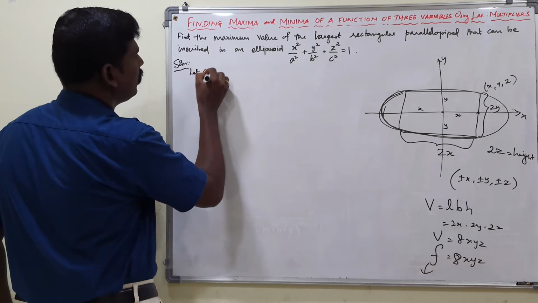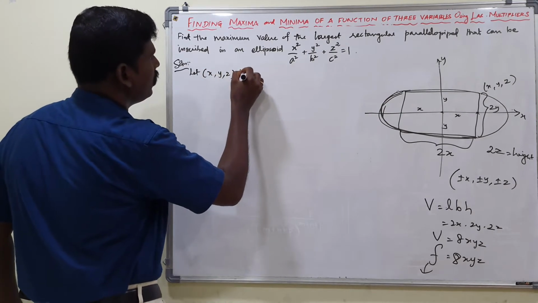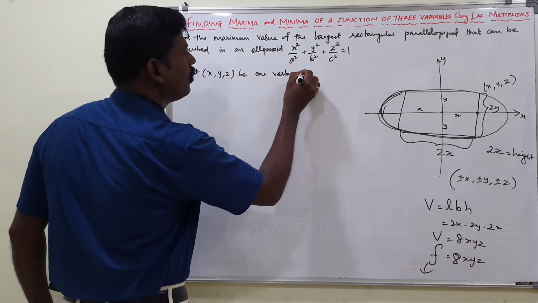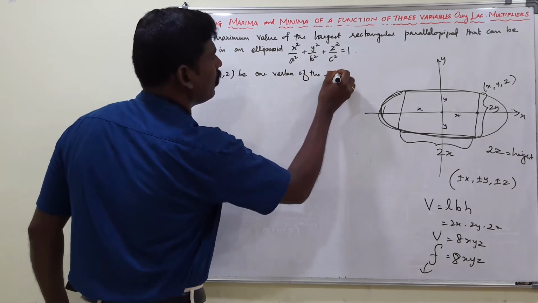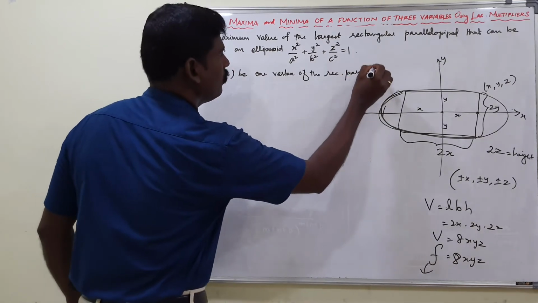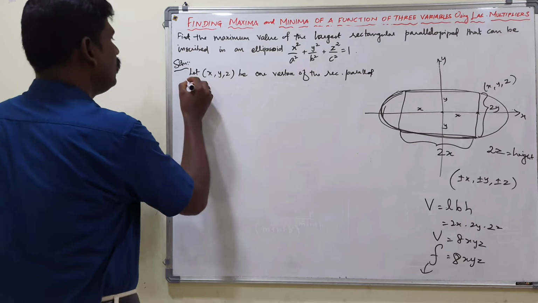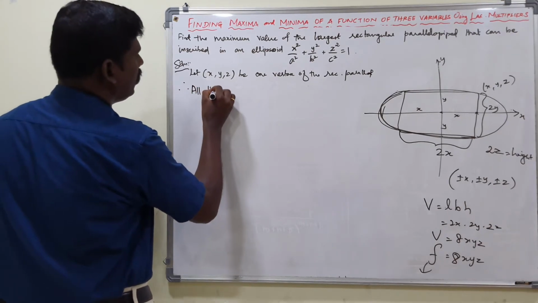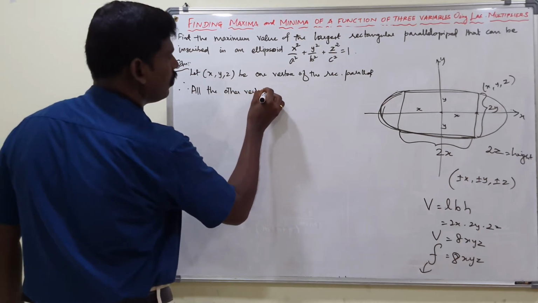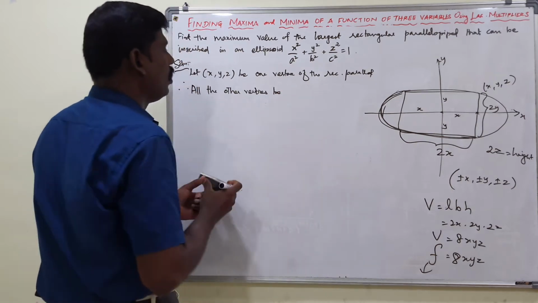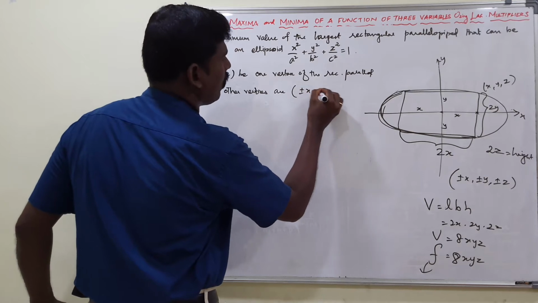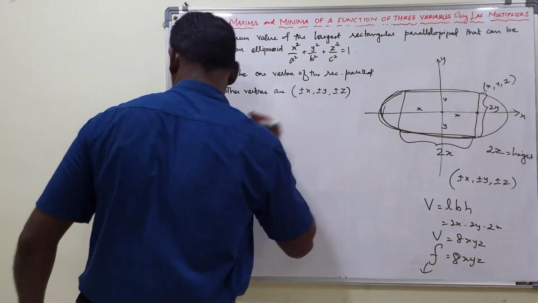Let x, y, z be one vertex of the rectangular parallelepiped. Therefore, all the other vertices are in the form of plus or minus x, plus or minus y, plus or minus z.